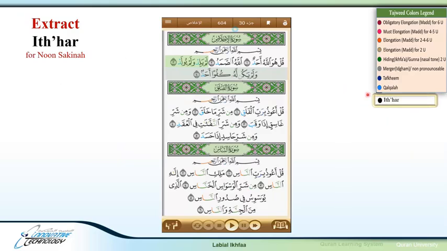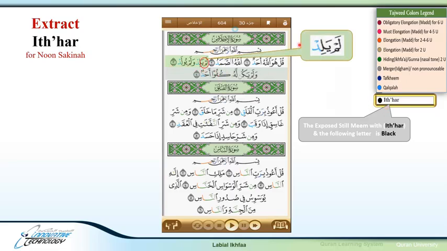And remember that إظهار is given the black color. The exposed still meem with إظهار and the following letter would both be given the color black. So let's see here. لم يلد. Both the meem and the ya are given the color black, and both are pronounced clear.